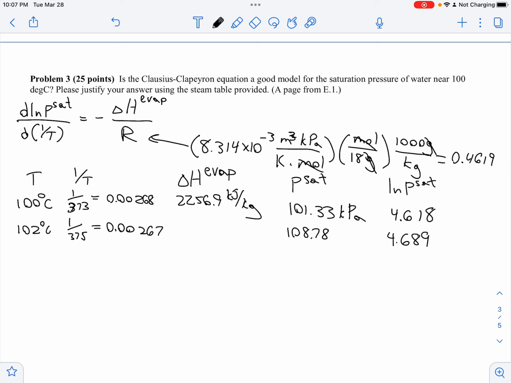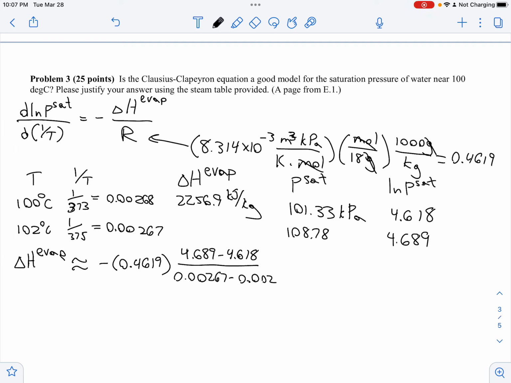We have them at two temperatures and multiply by negative R. So delta H evap is going to be approximately equal to minus R, minus 0.4619, times the change in the ln Psat, 4.689 minus 4.618, divided by 0.00267 minus 0.00268.